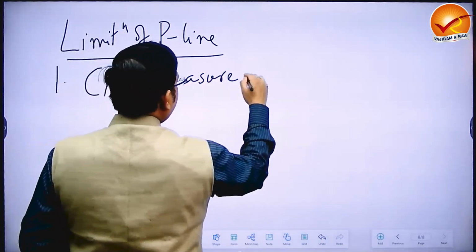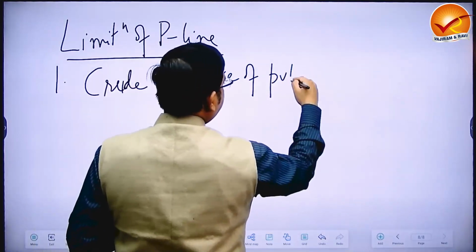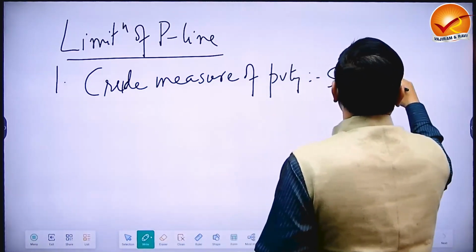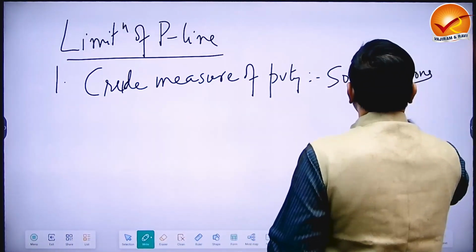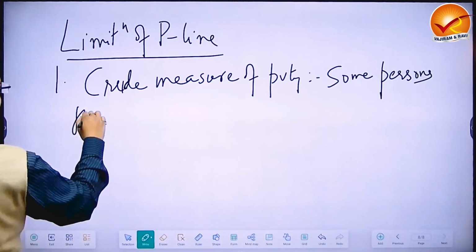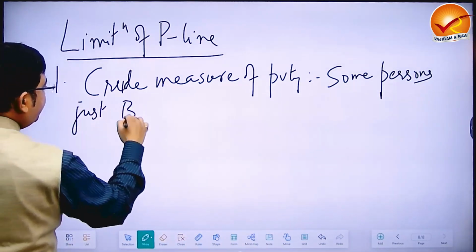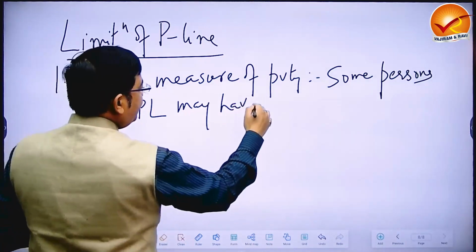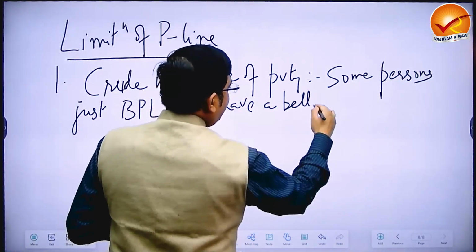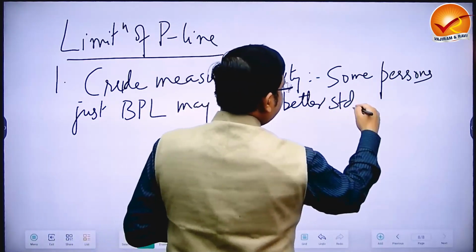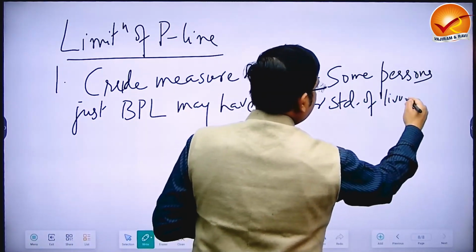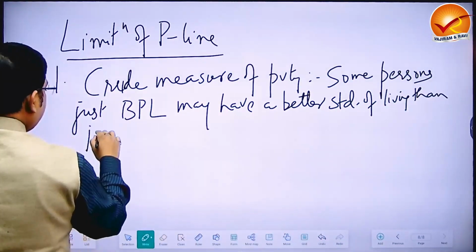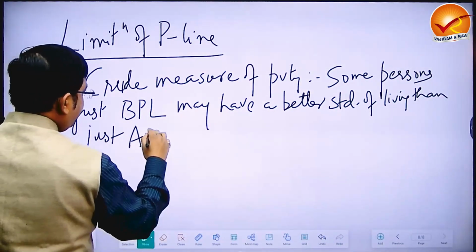By crude measure of poverty, we mean some persons just below the poverty line may have a better standard of living than those just above the poverty line.